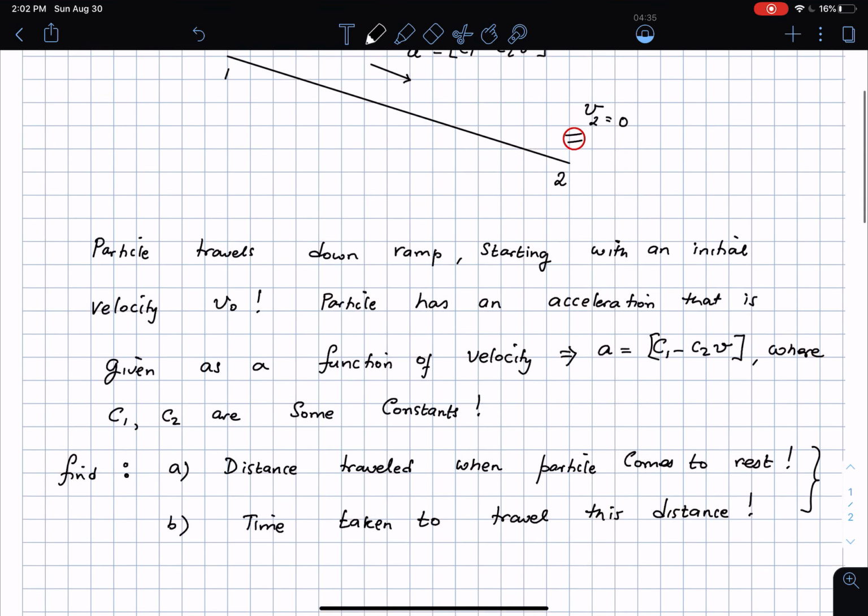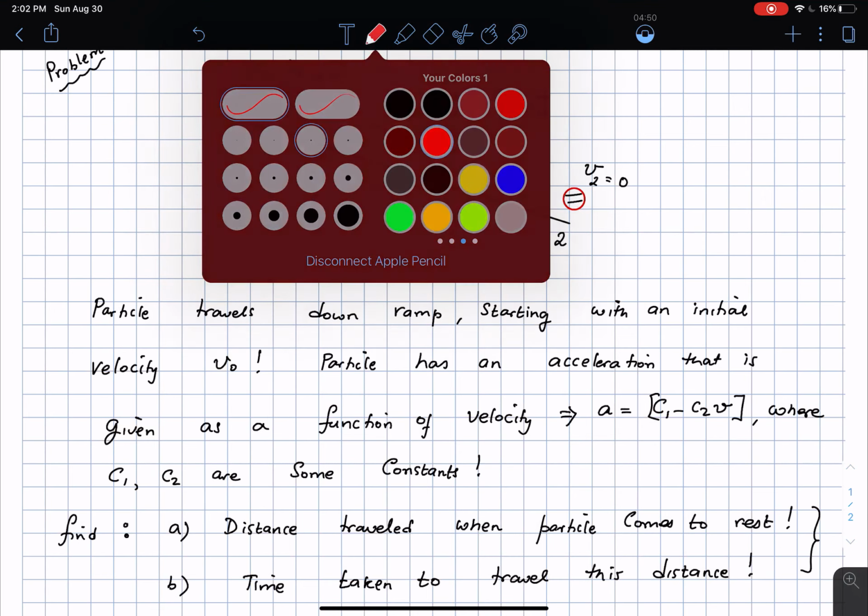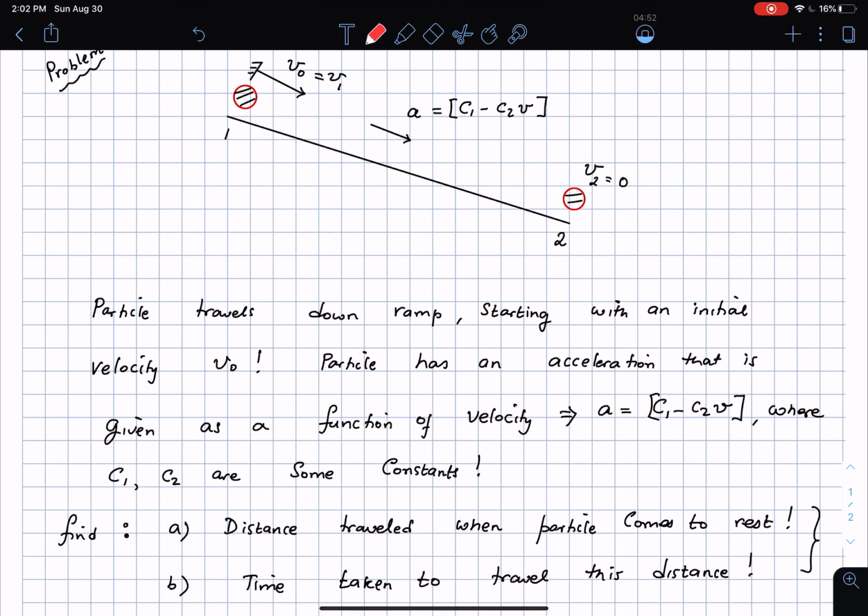Alright, so this is a problem in rectilinear kinematics. As you can very well see, the particle is traveling along a straight line trajectory, which means that we start off by making use of rectilinear equations. The first thing is you notice from the problem that this is rectilinear kinematics. That's quite evident from the problem itself.